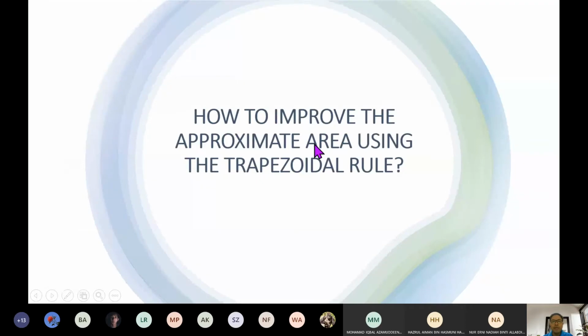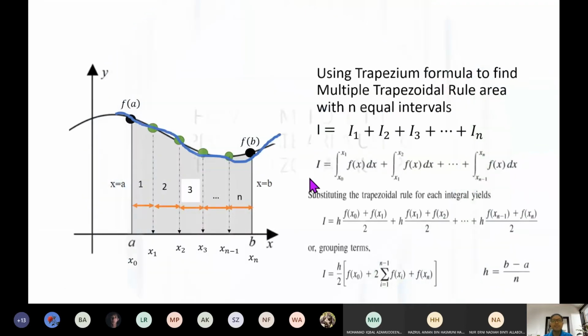How to approximate the area using the multiple trapezoidal rule. Again, I will divide the same trapezoidal area into n equal areas. So you have 1, 2, 3, 4 until n equal divisions. I also name the first x value here to be x naught, where x naught is equal to a, then x1, x2, x3 until xn.